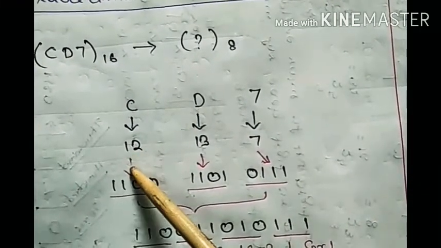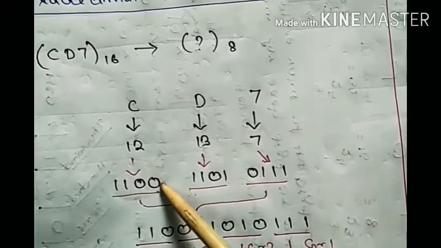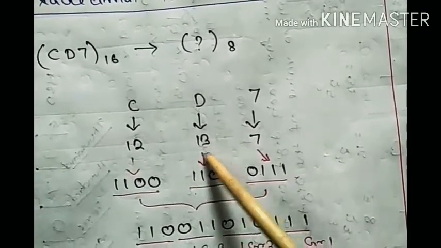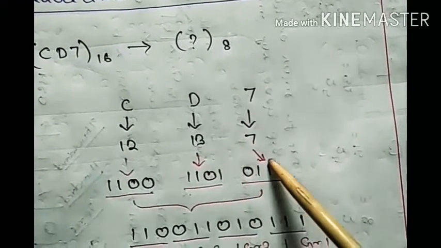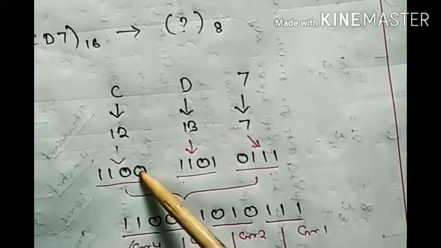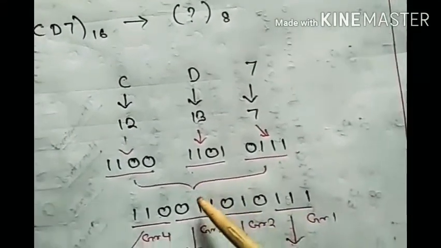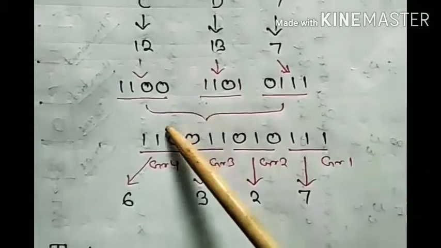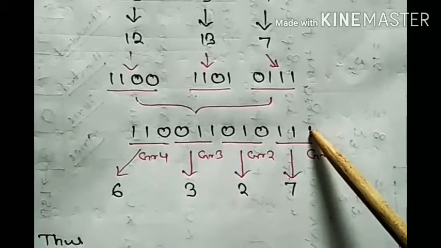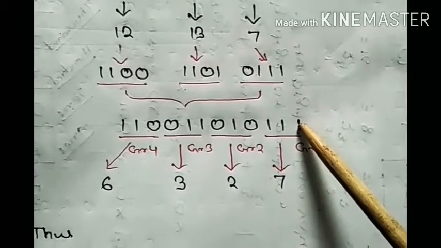So consider them as separate decimal numbers and convert each of them to their respective binary equivalents by using the decimal to binary conversion. After that, combine these three groups together. So if you write them side by side together, it forms a string of bits.